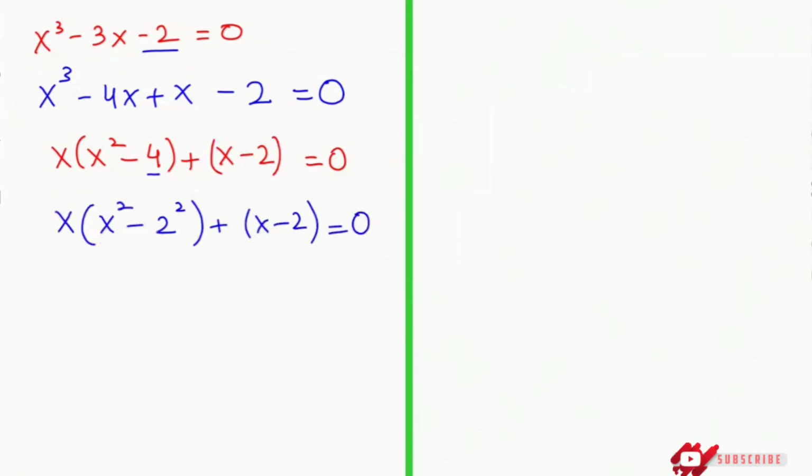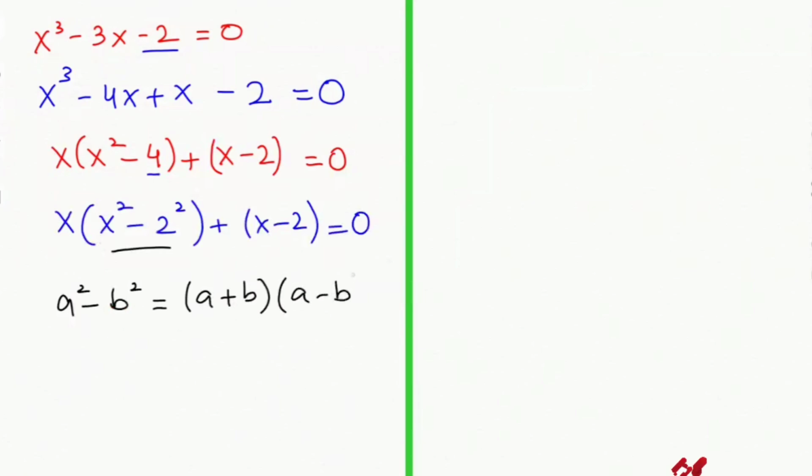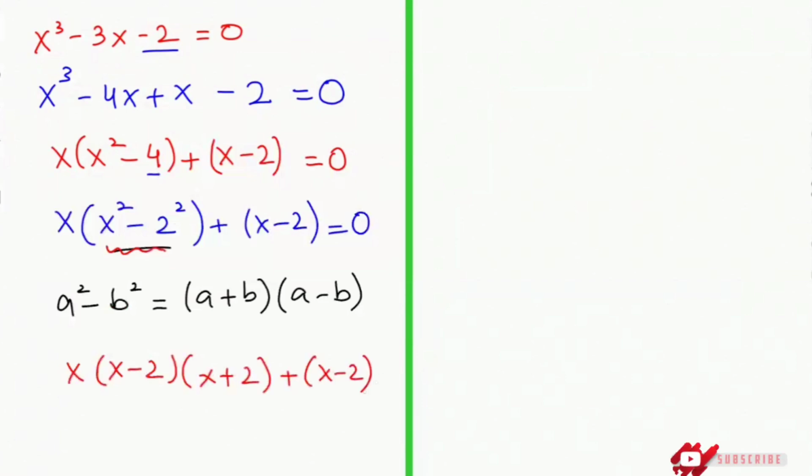So now I am going to apply the algebraic identity, that is a square minus b square is equal to a plus b times a minus b. This equation turns to x times x minus 2 times x plus 2, plus x minus 2 is equal to 0.